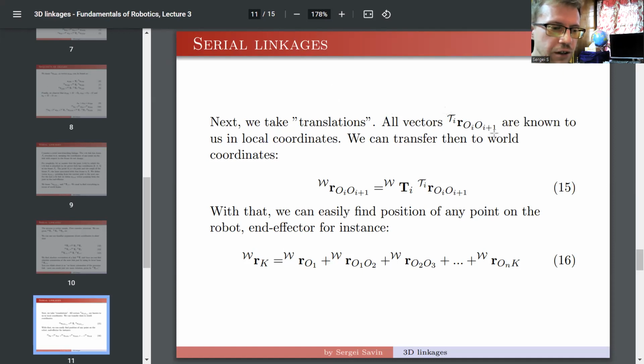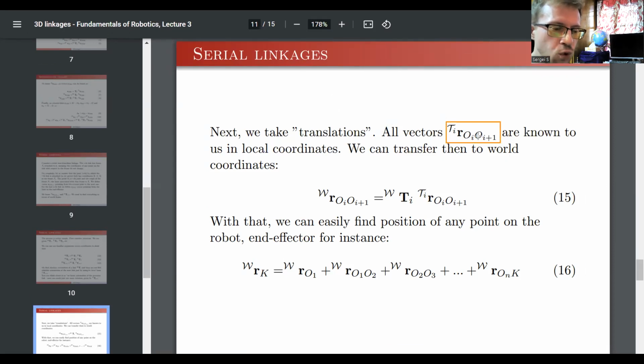Now, all vectors given to you in relative coordinates, we can transfer them to the world coordinates. How do we do it? Well, here are the relative coordinates. Here is the basis in which those coordinates are expressed.